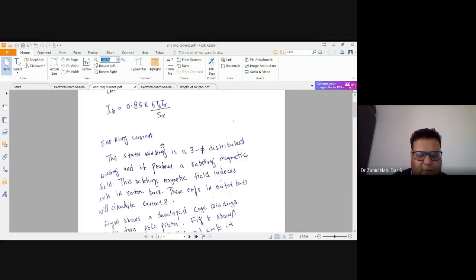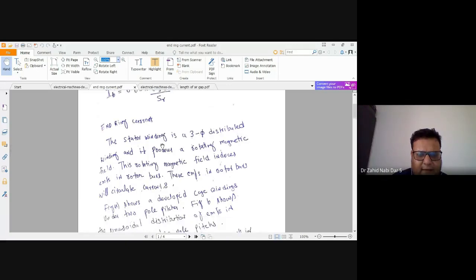You're not feeding it from the output side. The output side you are simply connecting to a load. But when you are considering a synchronous machine, it has a DC field exciter, and it also has a separate AC supply. So that machine is not a singly fed machine, but this is a singly fed machine.